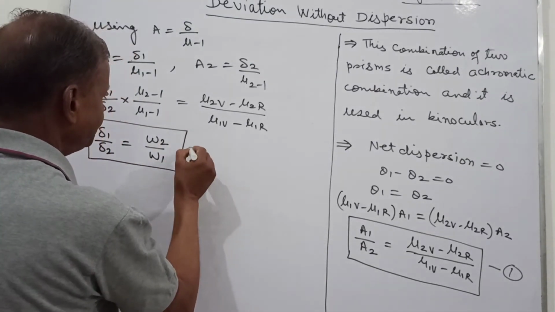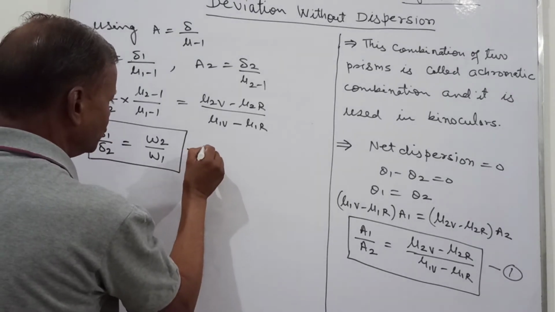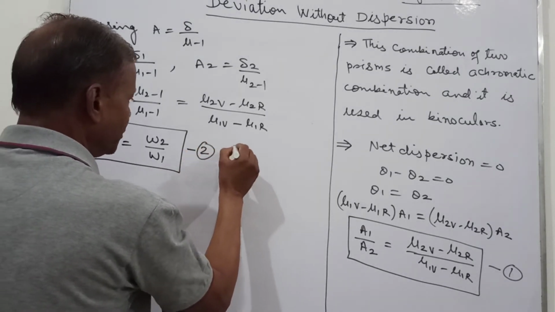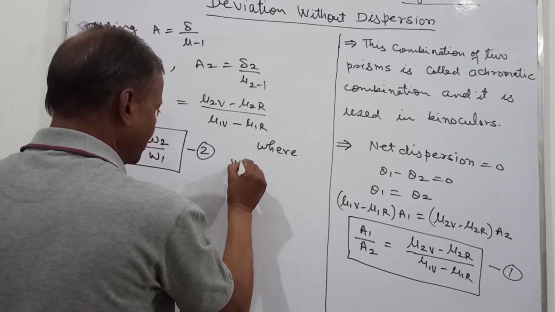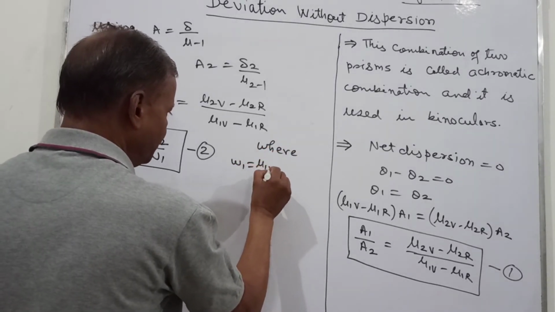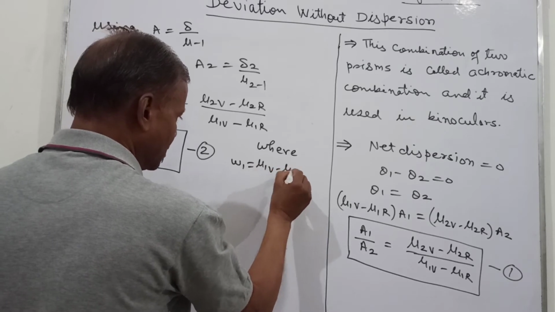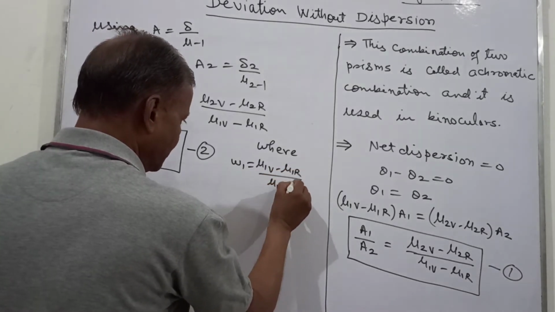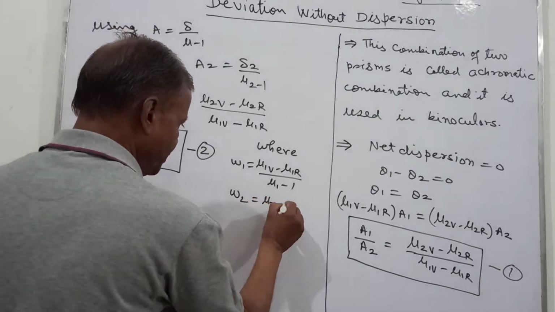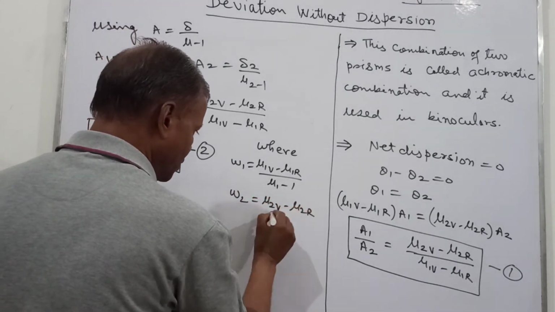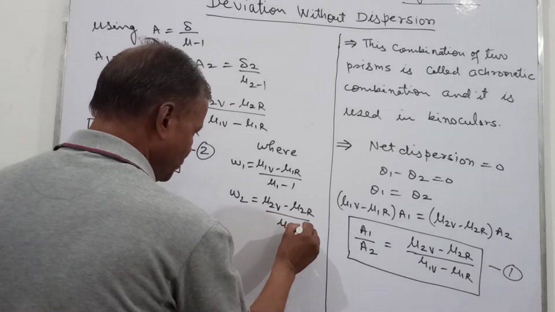So this is now number 2, where omega 1 is equal to (mu1b minus mu1r) upon (mu1 minus 1), and omega 2 is equal to (mu2b minus mu2r) upon (mu2 minus 1).